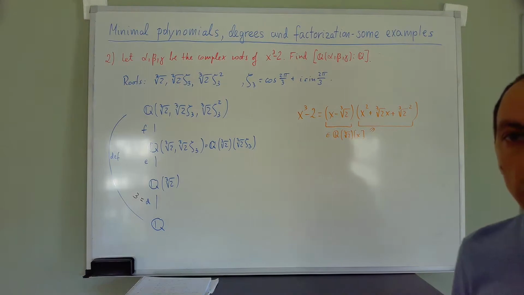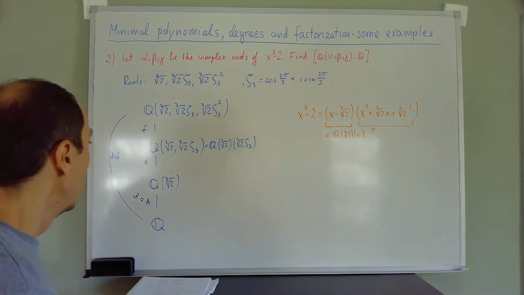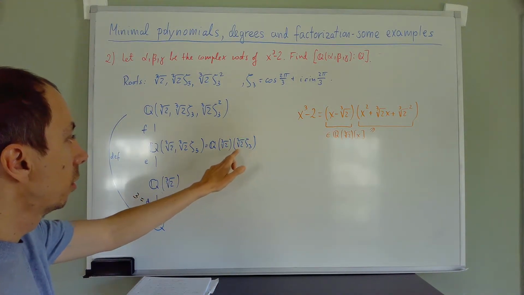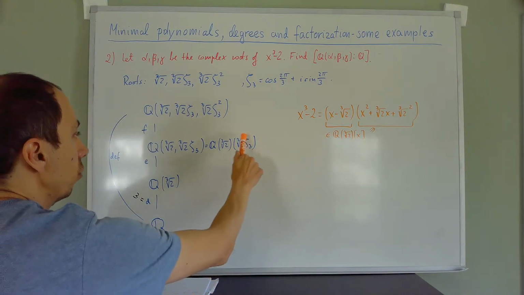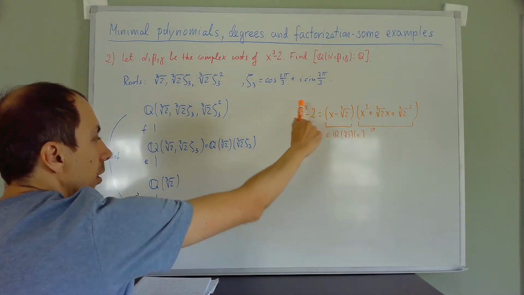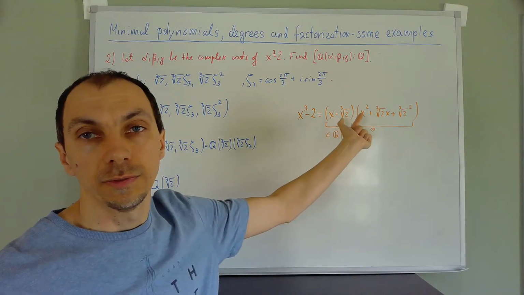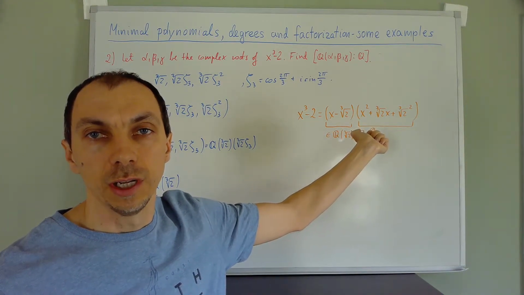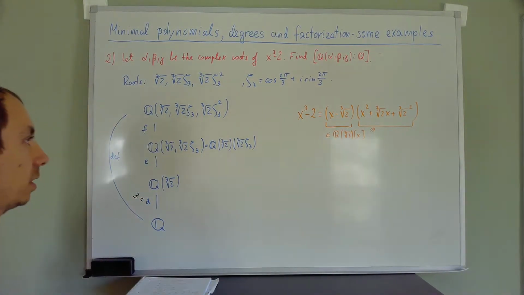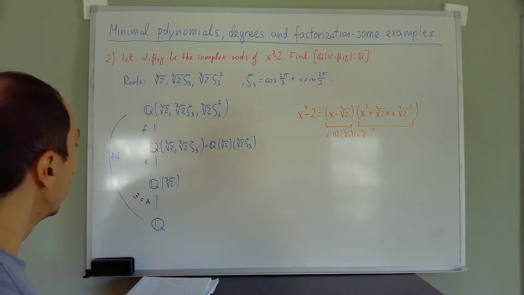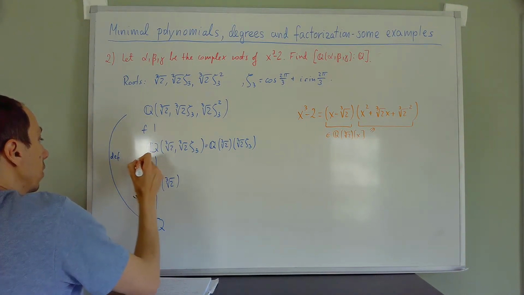All the coefficients lie inside the field Q adjoin cube root of 2. So I'm adjoining this root to the field Q adjoin cube root of 2. So I know this is a root also of this polynomial. So I'd like to know it is a root of which of these two factors. It cannot be the root of the first factor because I know the root of the first factor. That's just cube root of 2. So it must be the root of the second factor. So that means that this E is at most 2.